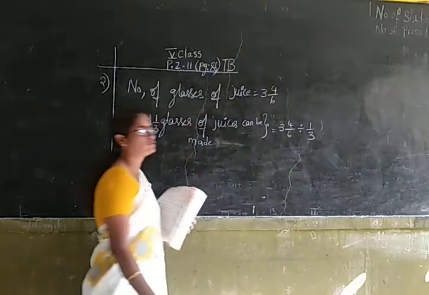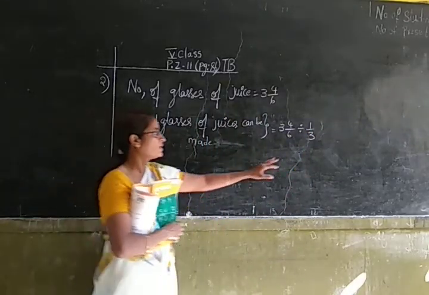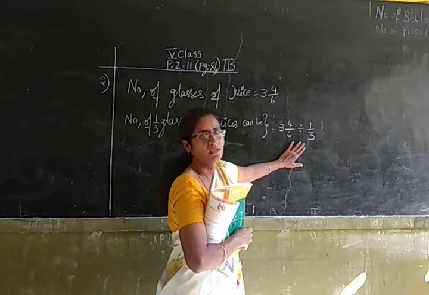So you have to divide to find out how many 1 by 3 glasses of juice can be made.